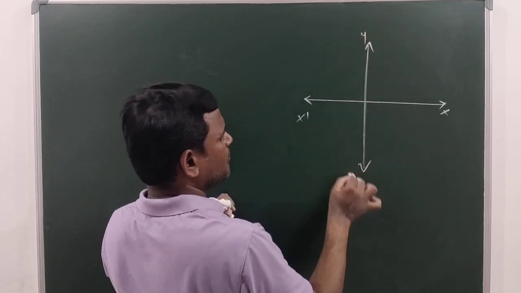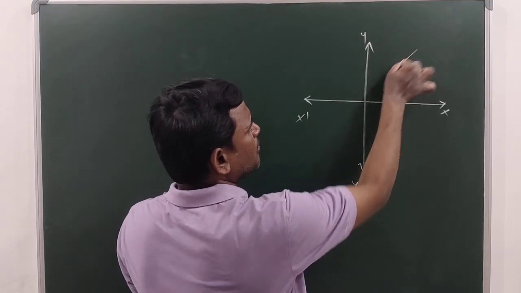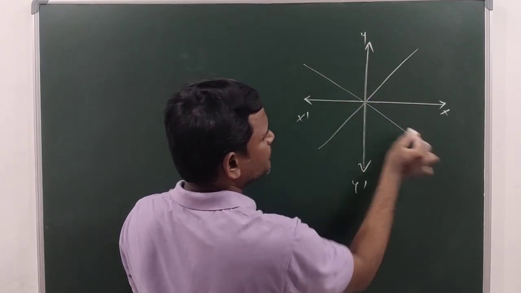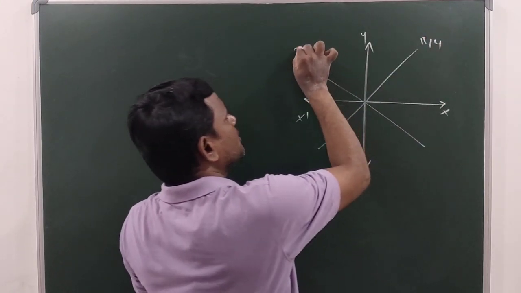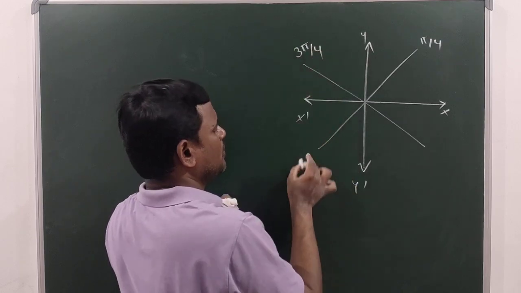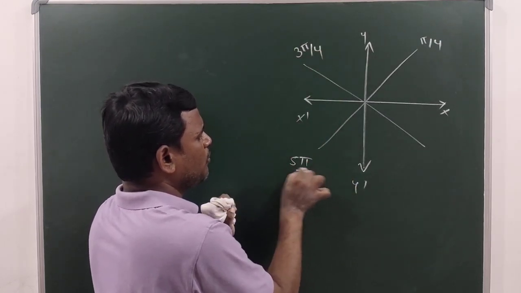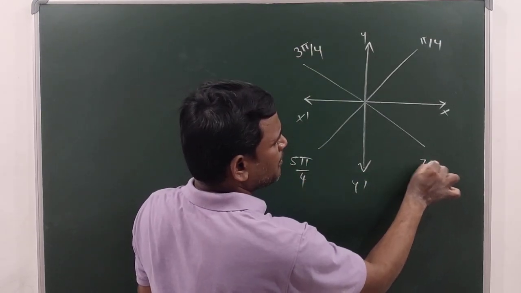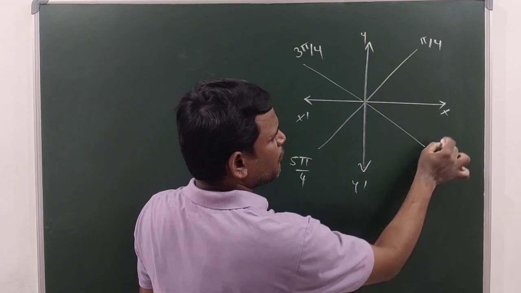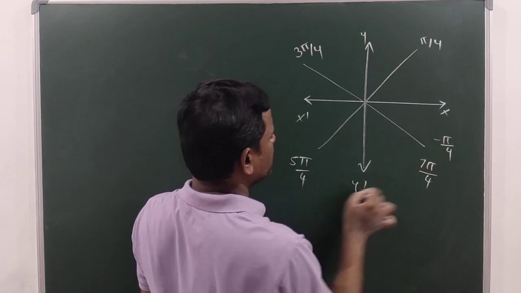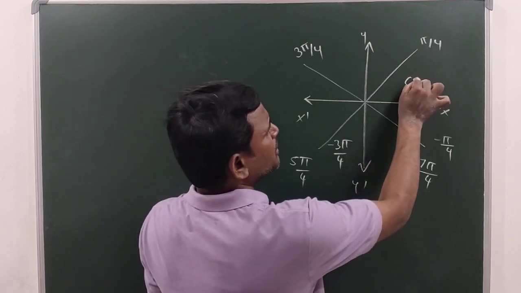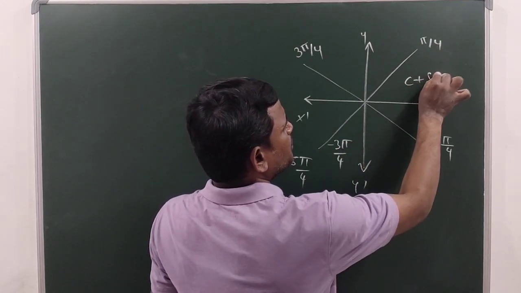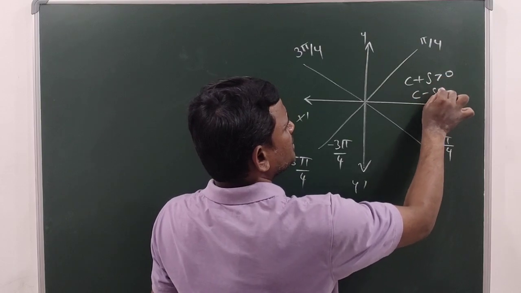x dash, y dash. Now draw both diagrams. I say here, this is pi by 4, this is 3 pi by 4, this is 5 pi by 4, 7 pi by 4. If you measure in the clockwise direction, minus pi by 4, minus 3 pi by 4. I said to you, C plus S is positive, C minus S is positive.